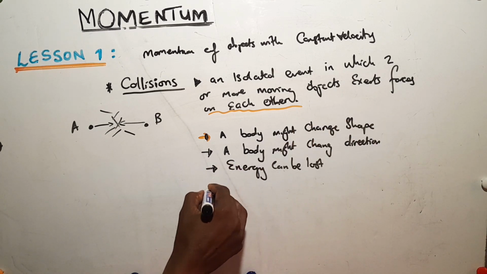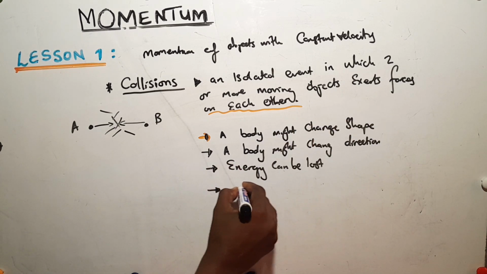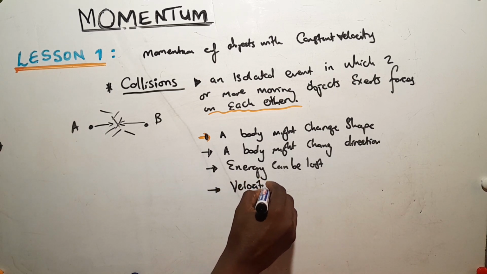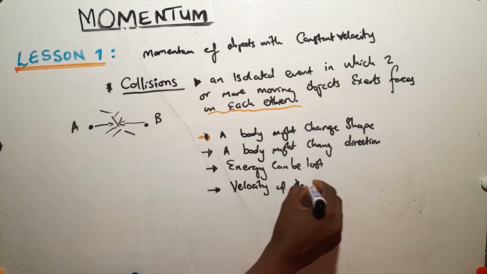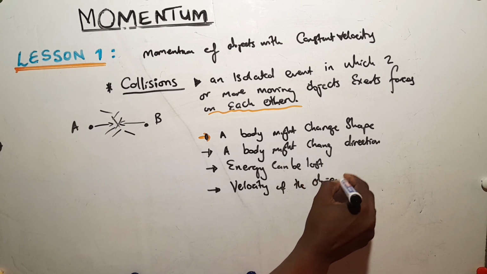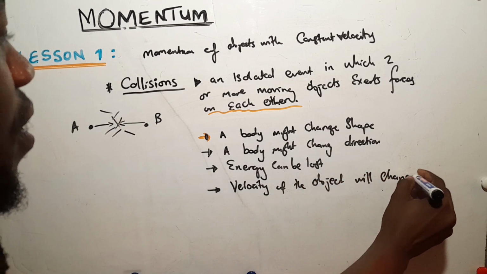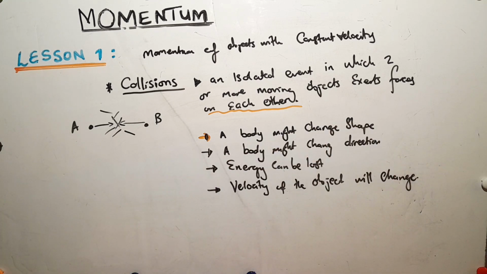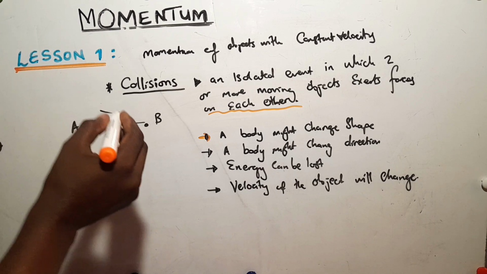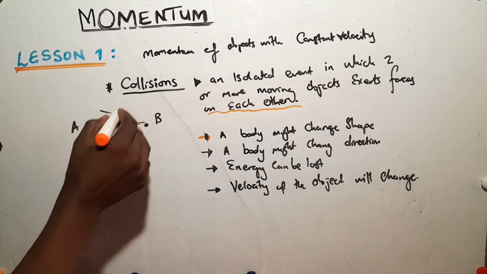It's one of the things. But what we know for sure is that the velocity of the object or the objects will change. This is what we know for sure, that the velocity of these objects will change. Either they'll slow down, or one of the objects will increase its velocity, right? So it's one of those.